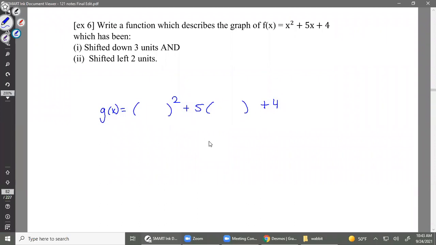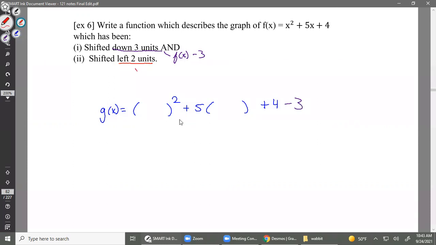When I shift it down 3 units, let's use purple for this, I take my entire function and subtract 3. And then I want to shift left 2 units.